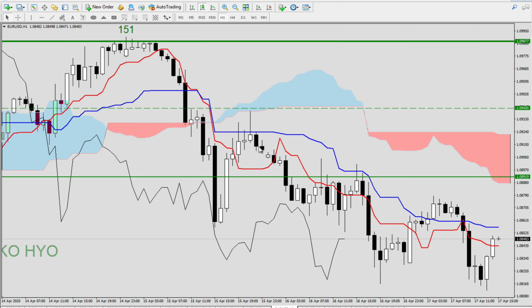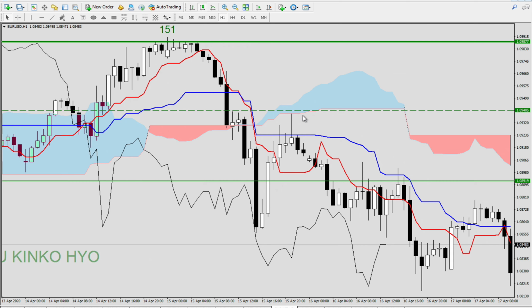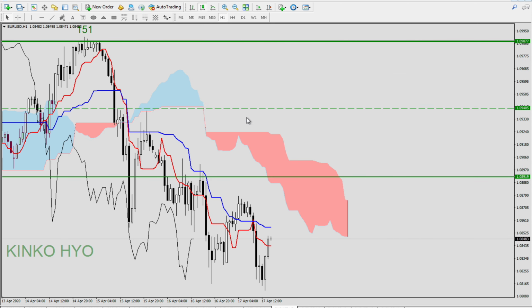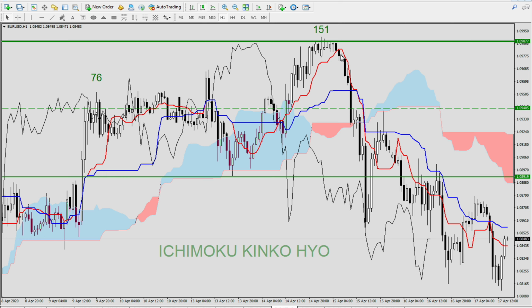So at this point, we know that we have a nice impulse, a retest of the Kumo, and we can be selling. So the first sell signal, another sell signal, and then the price is respecting the Tenkan very nicely, breaking above the Tenkan at this point, but then again closing, and not letting the Tenkan go through the Kijun, respecting the Kijun, so we didn't have the cross, closing below, so another signal to sell.